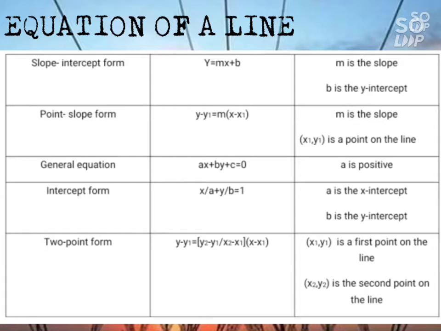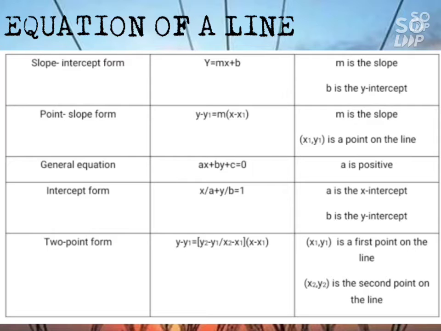Point slope form: if the graph of a linear function y has a slope and passes through x1, y1, then its equation is y minus y1 equals m open parenthesis x minus x1, where y is y coordinate of second point, where y1 is y coordinate of point 1, where m is a slope, x equals x coordinate of second point, where x1 equals x coordinate of point 1.